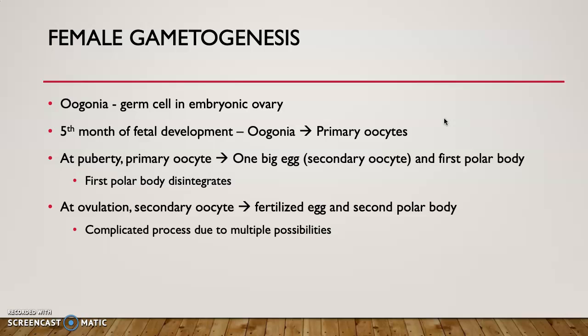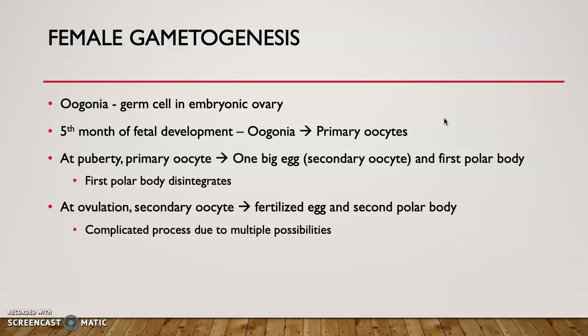Oogonia are germ cells in the embryonic ovary, and by the 5th month of fetal development, these oogonia stop mitosis and enter the DNA duplication stage of meiosis, and this results in primary oocytes. This continues all the way up to puberty, where these primary oocytes split off into one big egg, also called the secondary oocyte, and the first polar body.